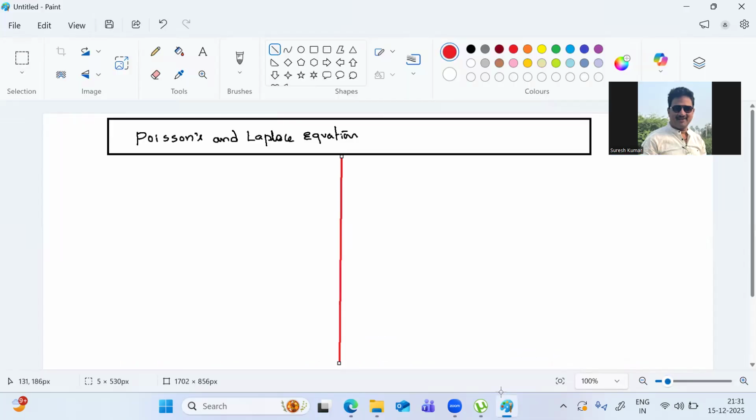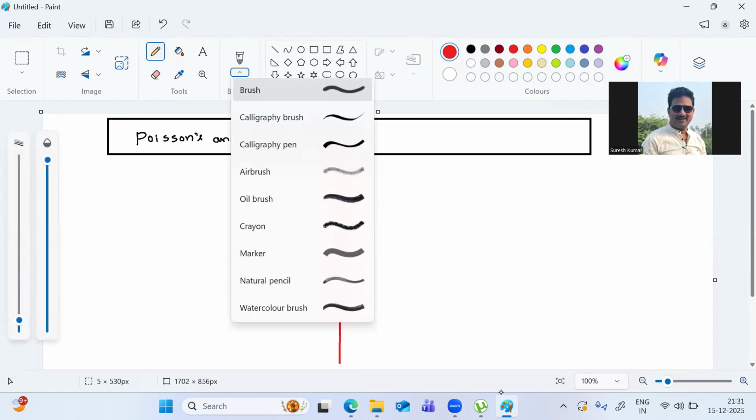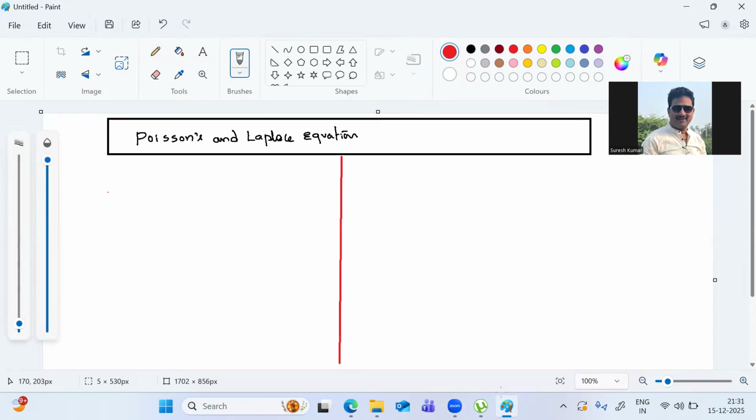Now, for this, we need to consider the medium. We know del dot D bar is equal to rho, which is differential form of Gauss law.